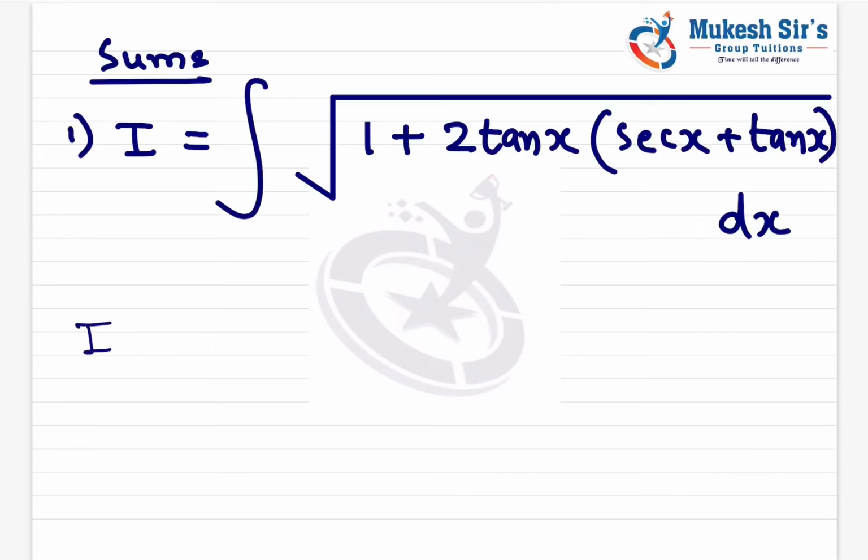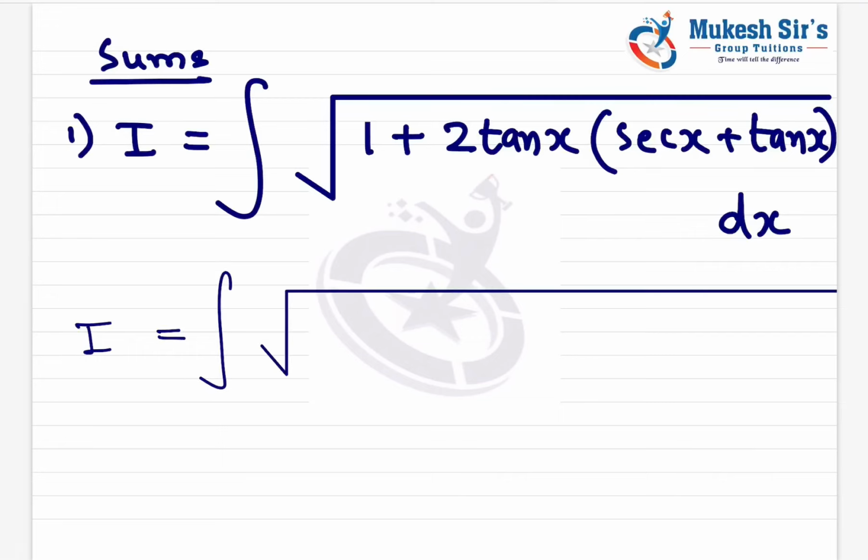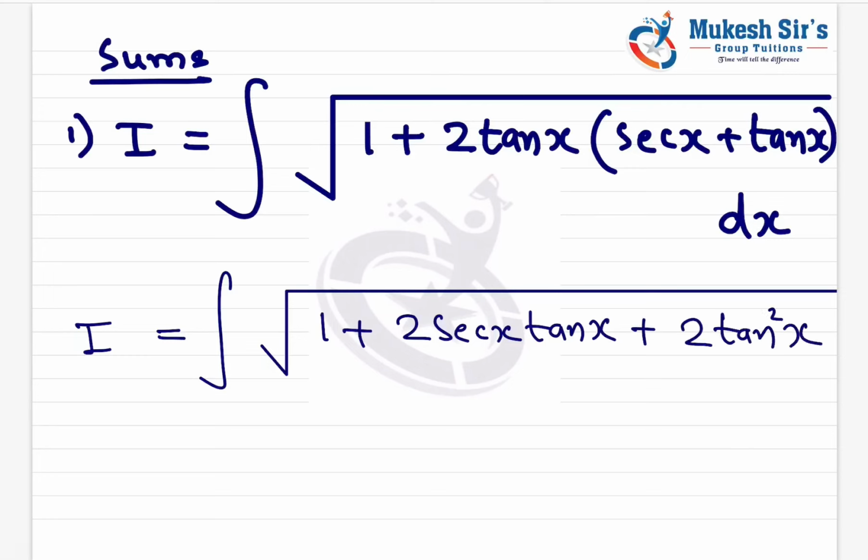So you can write this as I is equal to integration of, when you open the brackets inside the root term, you get 1 plus 2 sec x into tan x plus 2 tan square x dx.